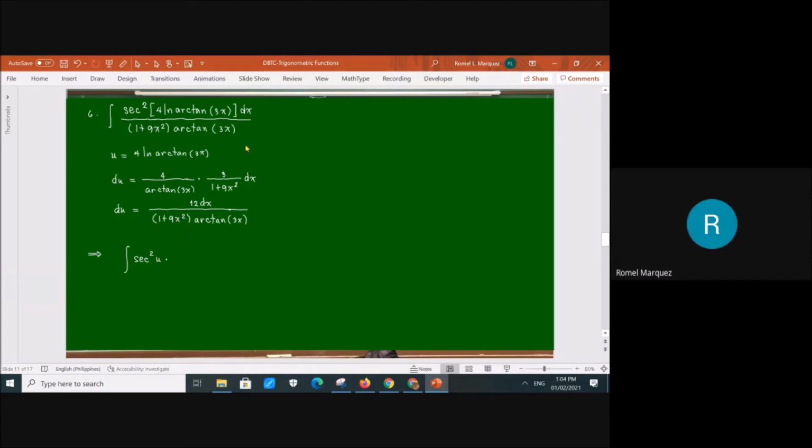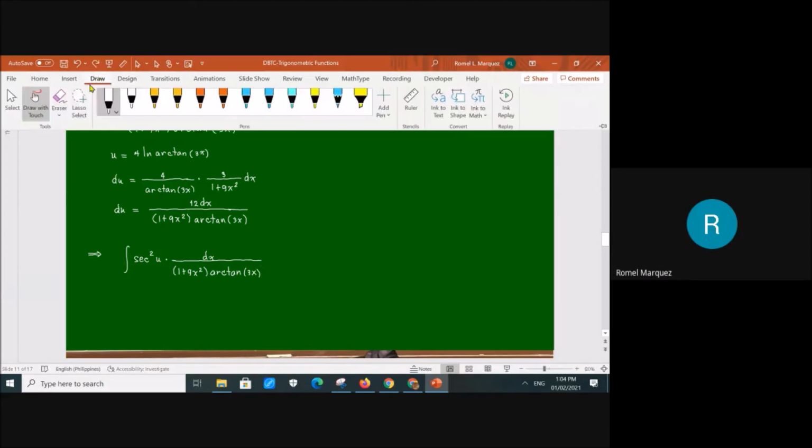This is supposed to be the du, dx over 1 plus 9x squared, everything in the denominator, arctan of 3x.